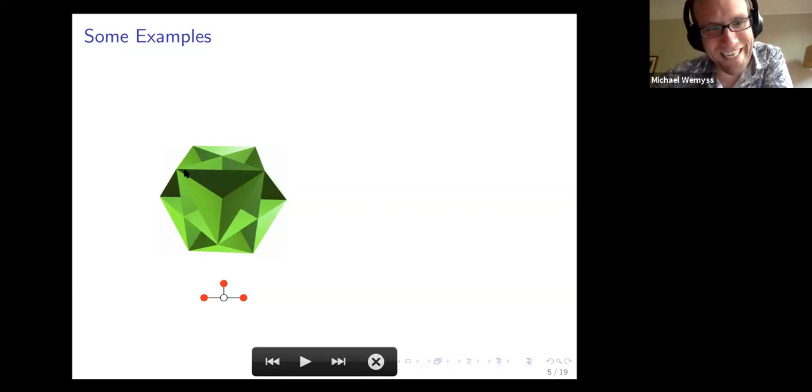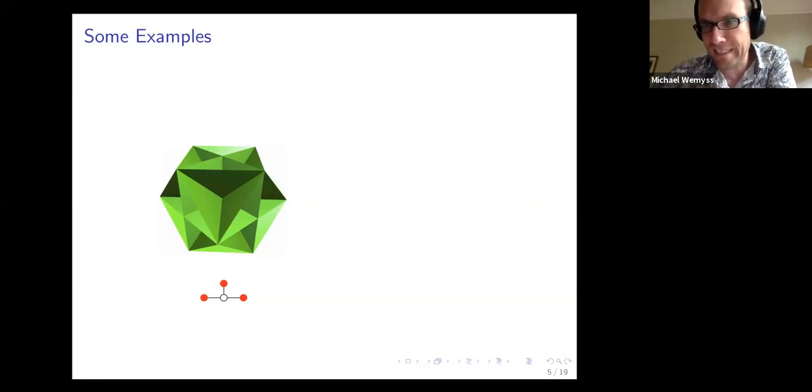And so if I take this hyperplane here, this hyperplane here, and this hyperplane here, the chamber is just the region that fills this gap between them. Similarly, if I take this hyperplane, and this hyperplane, the chamber is just this region inside there. And so this happens to have 32 chambers.